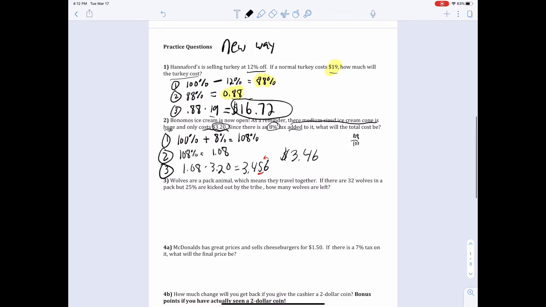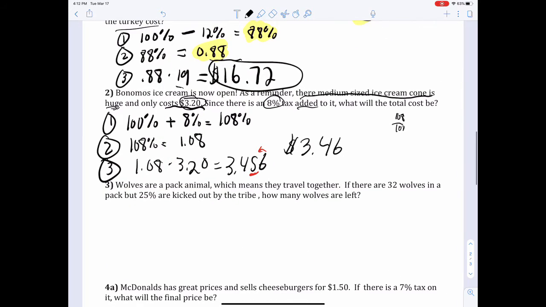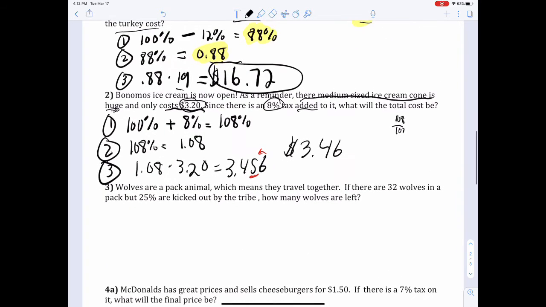Okay, number 3 here. Wolves are a pack animal, which means they travel together. If there are 32 wolves in a pack, but 25% are kicked out by the tribe, how many wolves are left? Well, we'll go through our steps. 100%. 25% are kicked out, so that percentage of wolves is dropping.